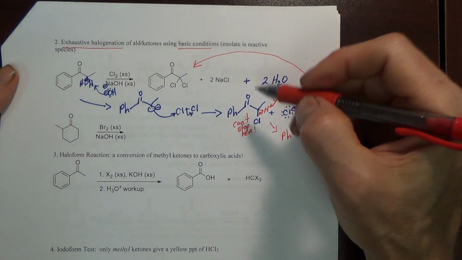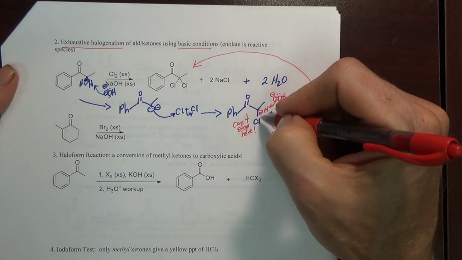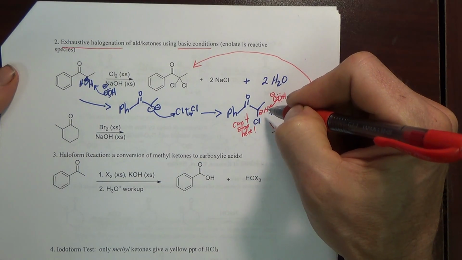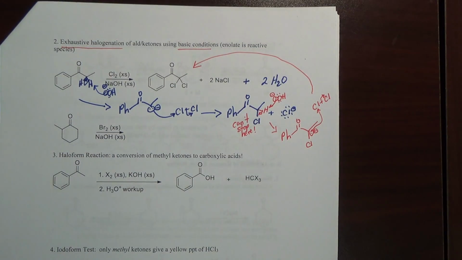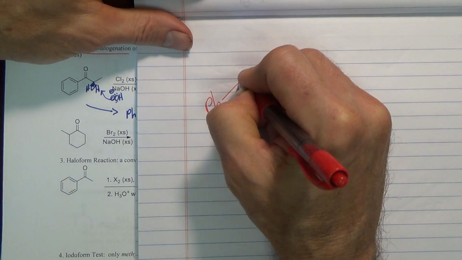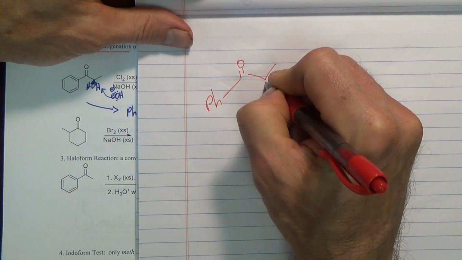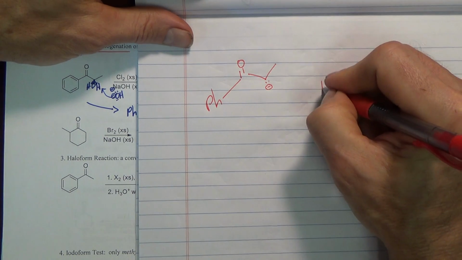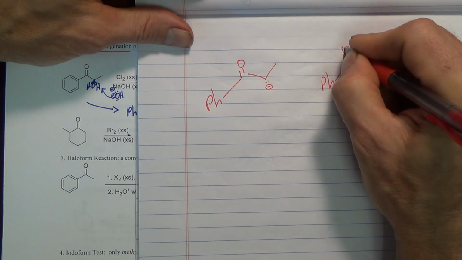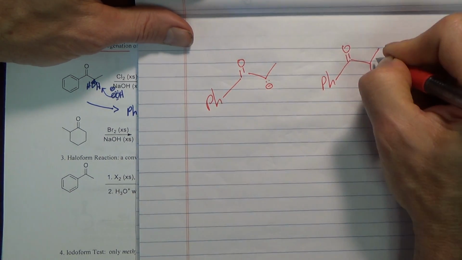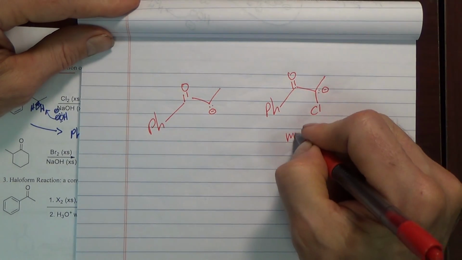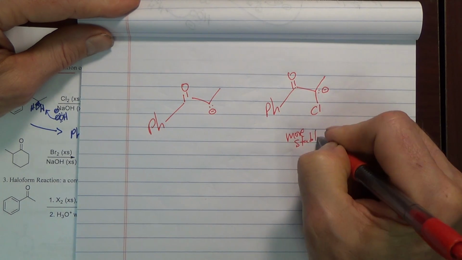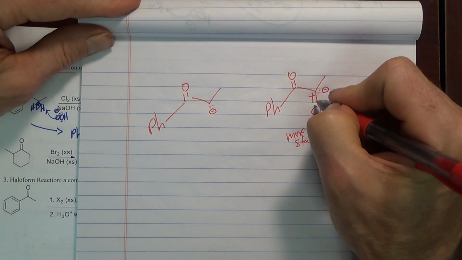Because this alpha chlorinated product is more acidic than the original. If we look at the two potential anions, that versus that, this is more stable because we've got the chlorine there.